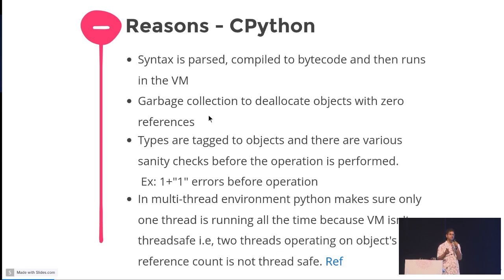And if you are trying to execute your program in a multi-threaded environment, because of the GIL, at any time only one thread will be active. So even if you spin up multiple threads, only one thread performs execution at a time. These are the major bottlenecks that make your applications slower.